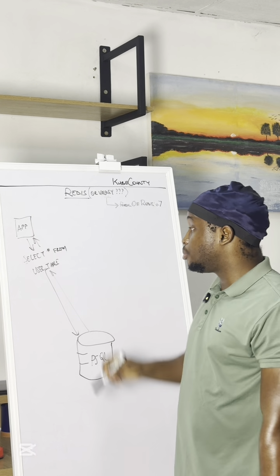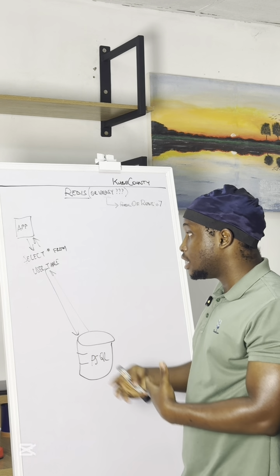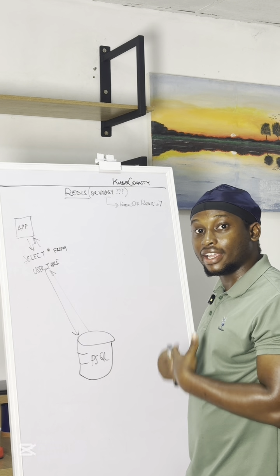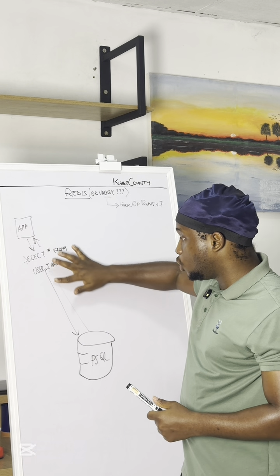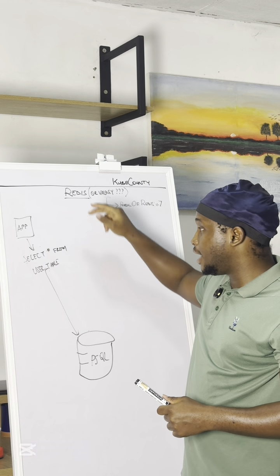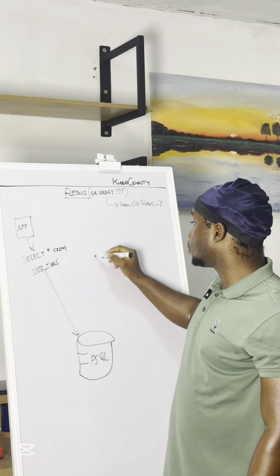Now, imagine if you have to perform this request multiple times. Every time you perform that request, Postgres has to retrieve that information again and get it back to you. What if you can have a place where you can save the result of this request in memory so that it's very accessible from your application?